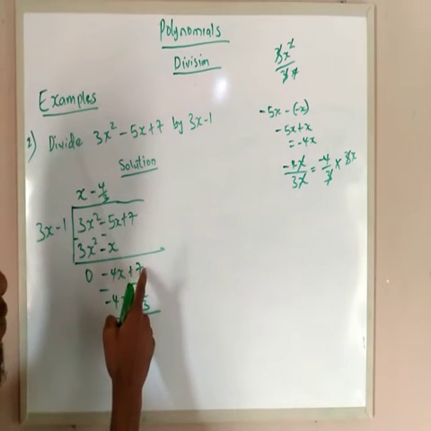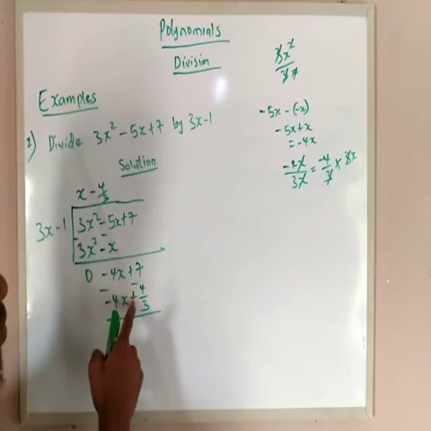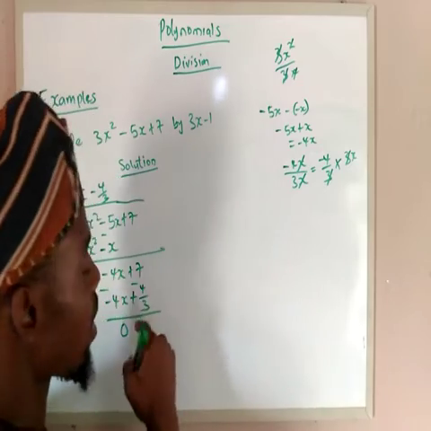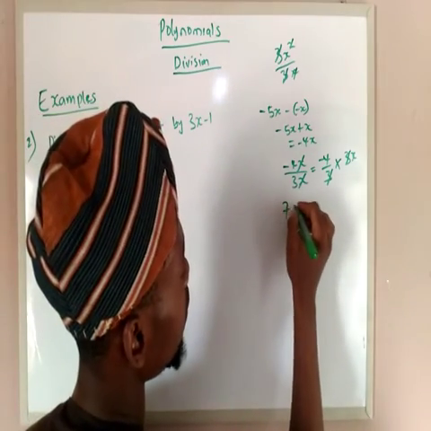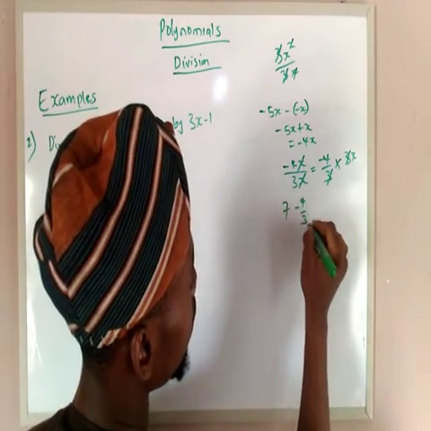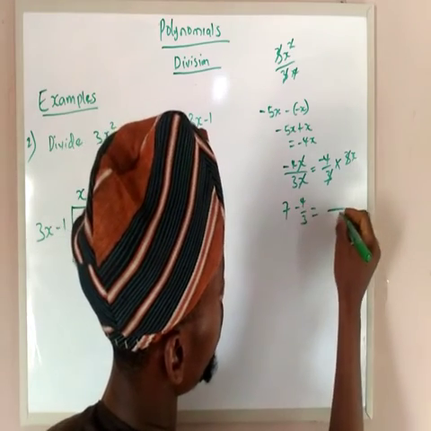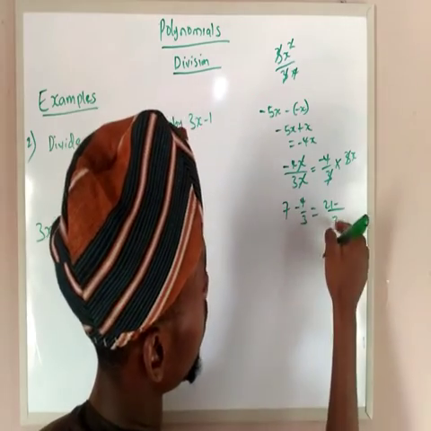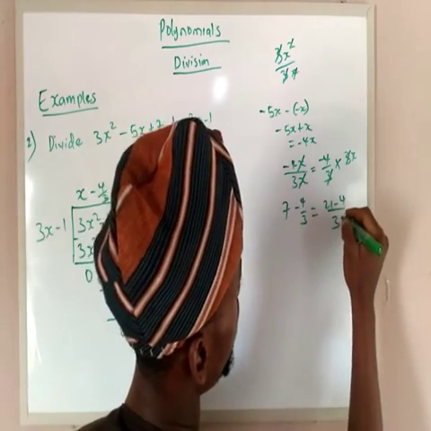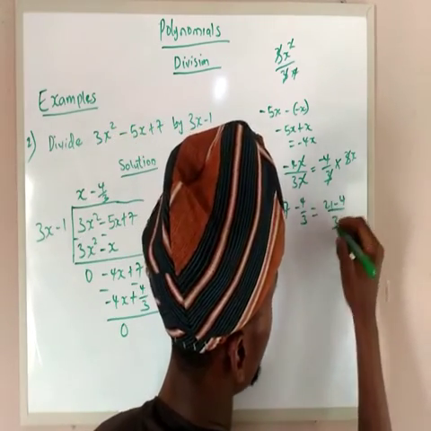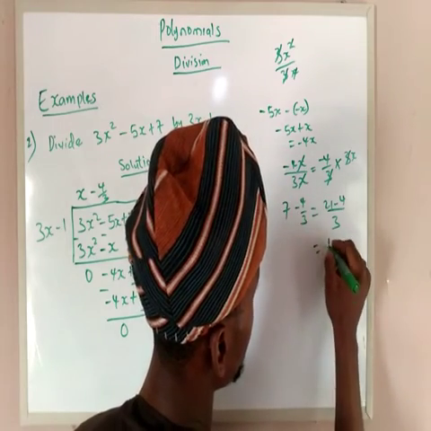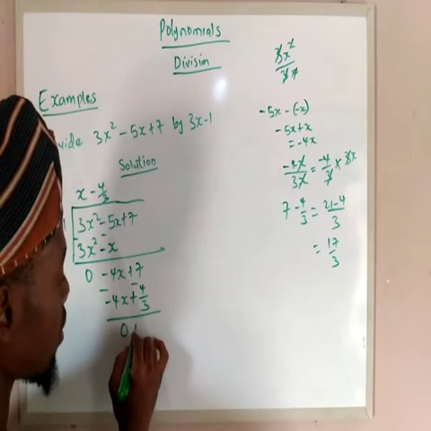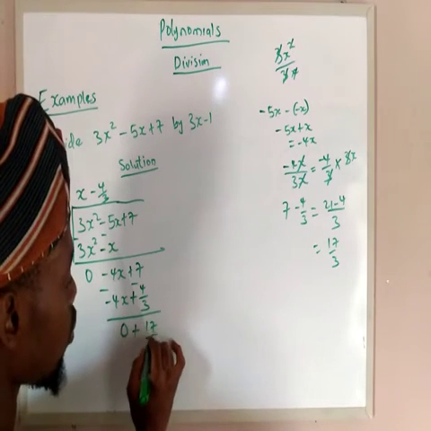Now we have 7 minus 4 over 3, and the LCM here will be 3. 3 times 7, that will be 21, minus 3 times 4, that will be 4. So we have 21 minus 4, and that will give us 17 over 3. So we have plus 17 over 3.